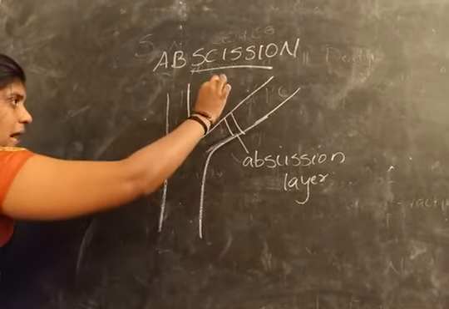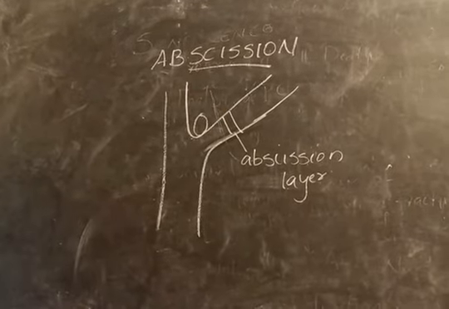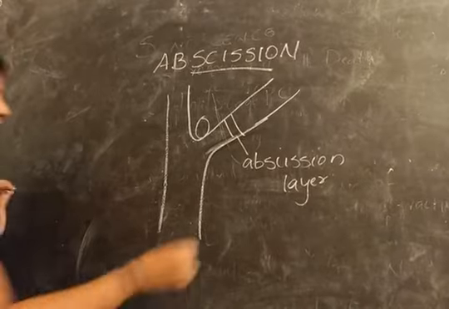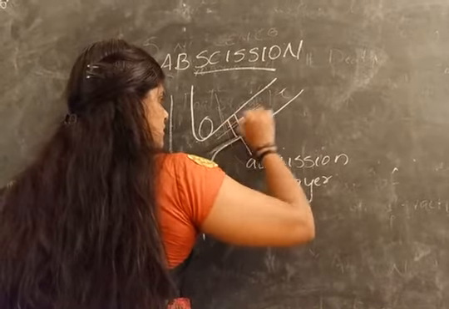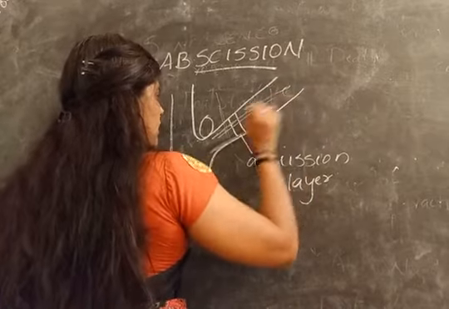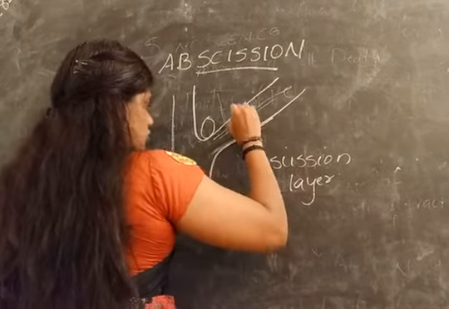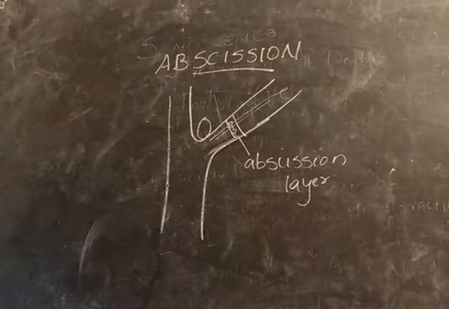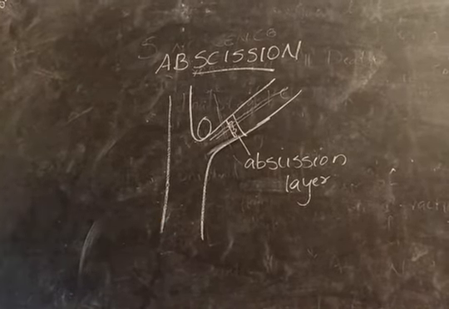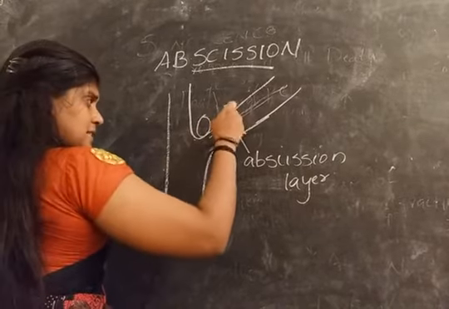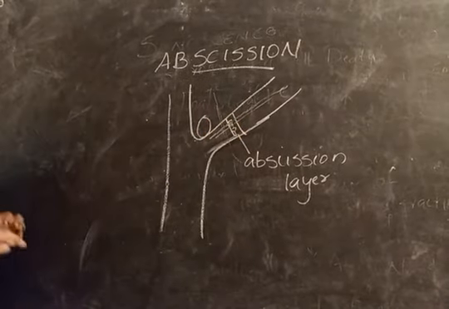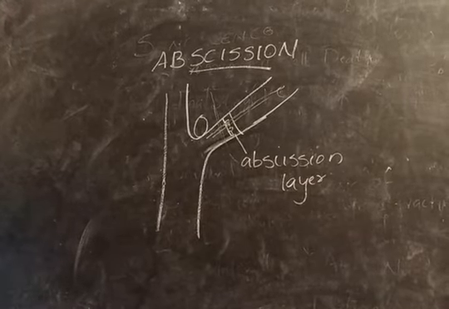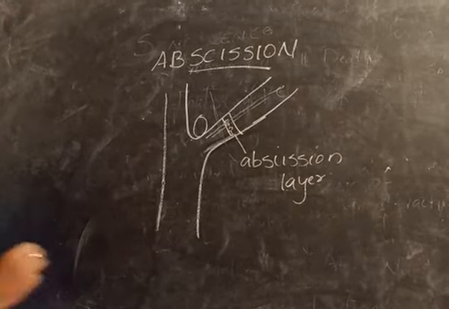Here the abscission is going to take place. The cells of the abscission layer separate. The cells may separate due to the dissolution of the middle lamella and primary walls by the activity of two enzymes called pectinase and cellulase.